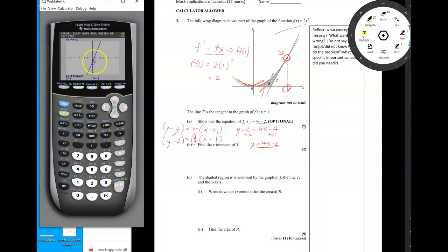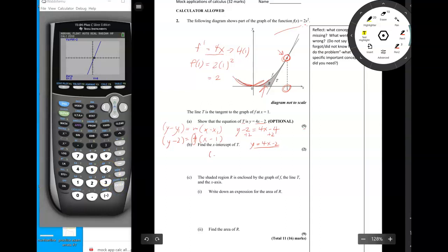And then I'm going to go slightly to the left of the x-intercept, and then slightly to the right of the x-intercept, and then I hit enter, and the answer is, I'm sorry, 0.5, 0. Okay.